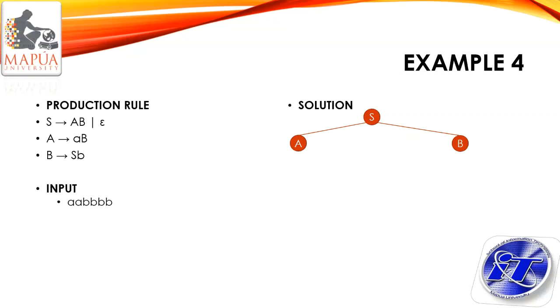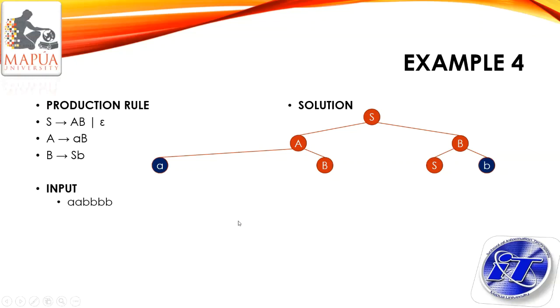And the A node will be replaced by terminal A, not terminal B. Okay. And B will be replaced by start symbol S, terminal B. And our first and last symbols are already obtained for our input.